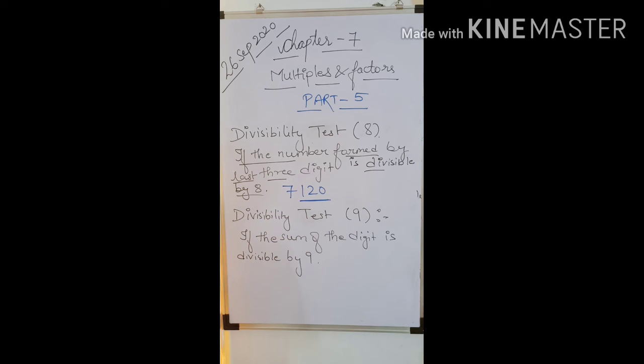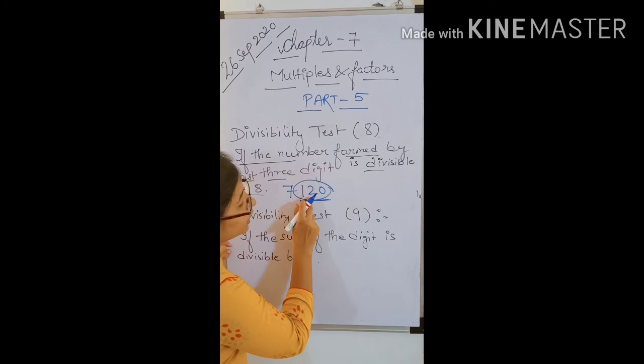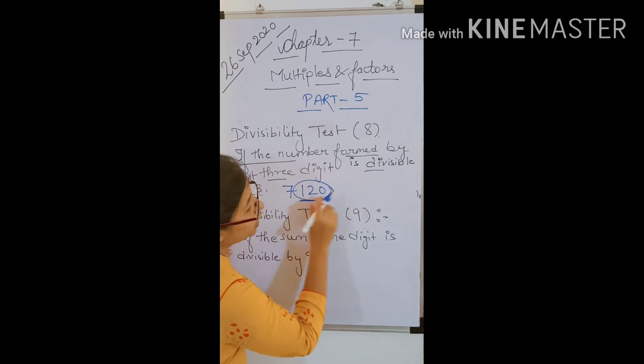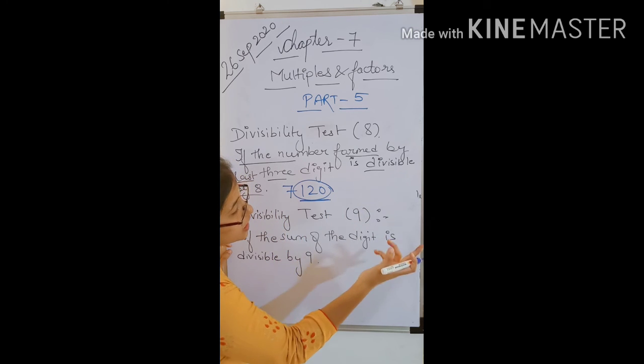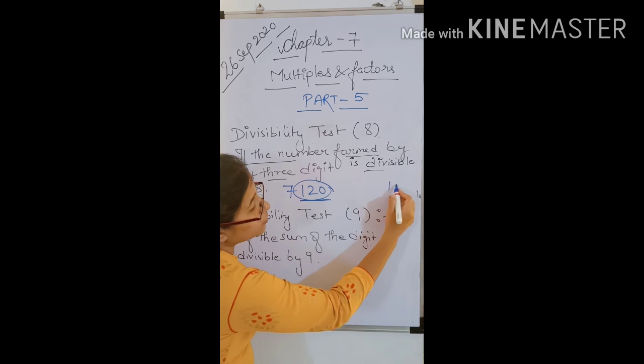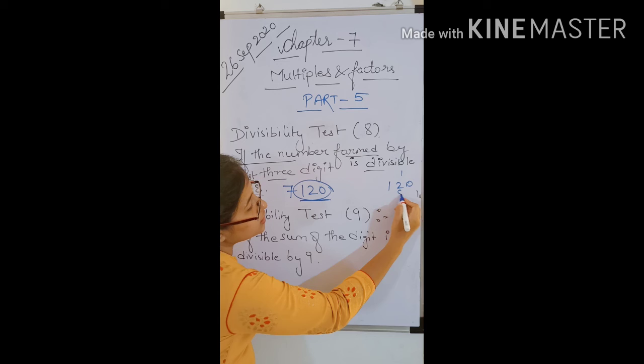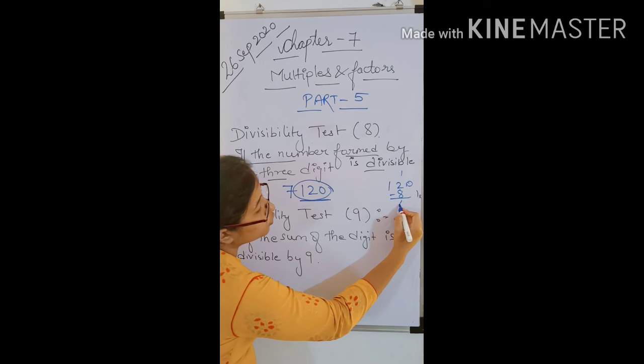Now I know very well 8 ones are 8. Most of you will start dividing the numbers. You can check by dividing the number 120 by 8, or we can do it directly. We know that 8 ones are 8. So what is left after subtracting? 4.